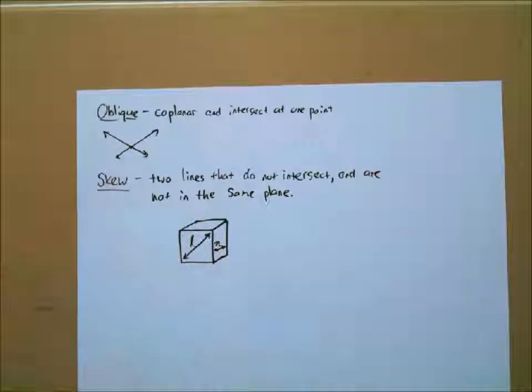I'll call that one N. If you were to extend L infinitely, and if you were to extend N infinitely, would they ever intersect? No. But do we really want to call them parallel? Not really, right? Because parallel has that idea of going in the same direction and never intersecting. L and N are never going to intersect, but they're not going the same direction. So we call them skew.